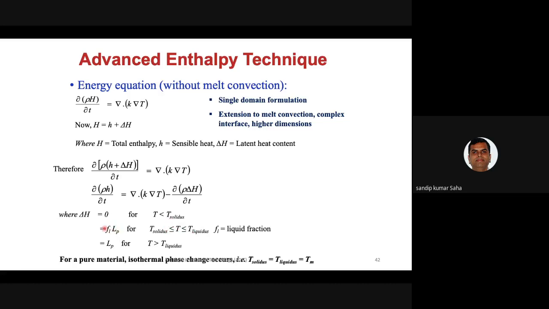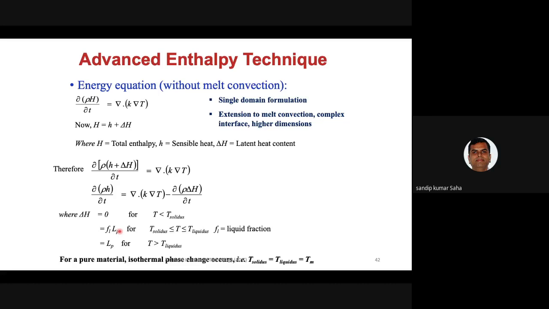FL is the liquid fraction, L is the total latent heat. When the melting starts, latent heat should be zero, meaning FL is zero, liquid fraction is zero, and when full melting has occurred, FL should be 1. That means you should get the full latent heat content. So that you have to remember.